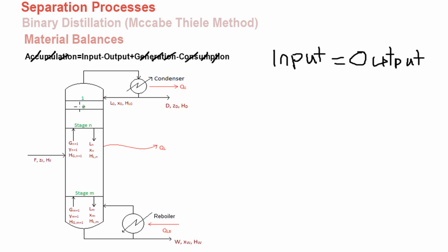So what we must do first is to set our system boundary. This first material balance would include everything within the distillation column, including the condenser and the reboiler. Therefore, this blue line represents our system boundary.